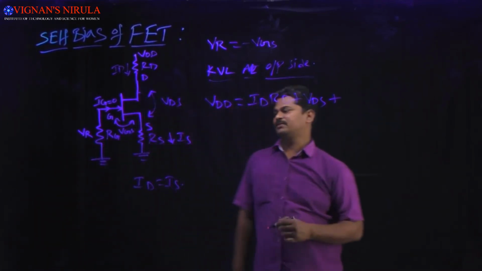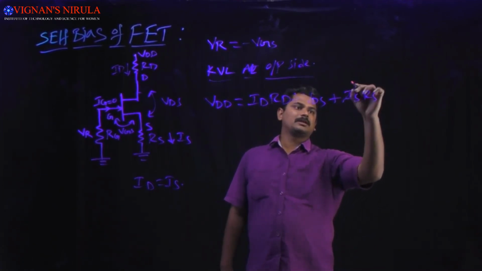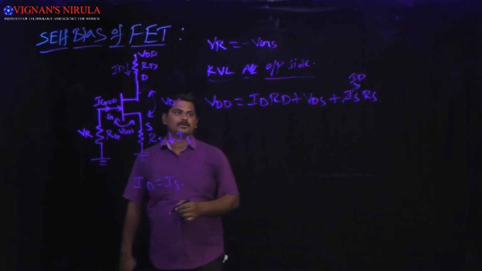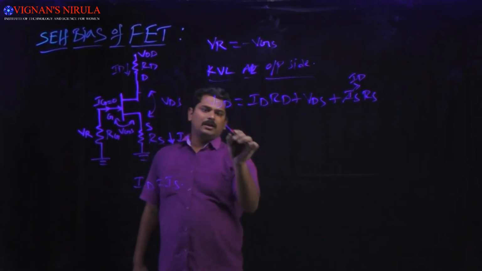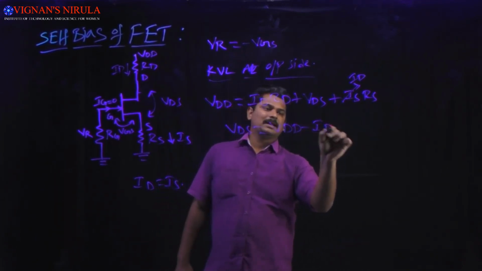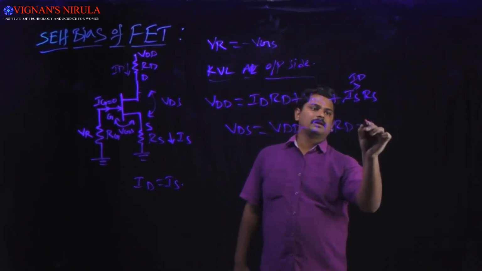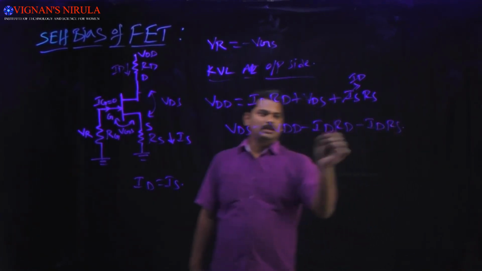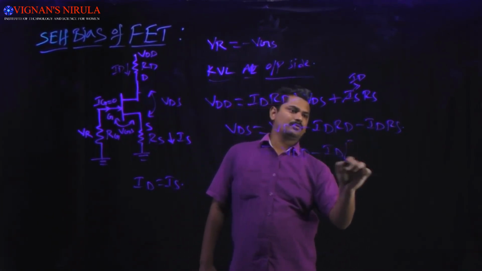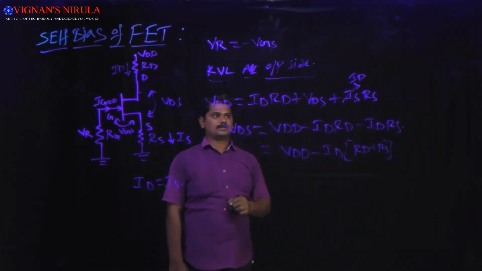So substituting, IS into RS is replaced with ID. From this equation, we get VDS equal to VDD minus ID into RD minus ID into RS, and from this we can write VDD equal to ID into (RD plus RS) plus VDS.